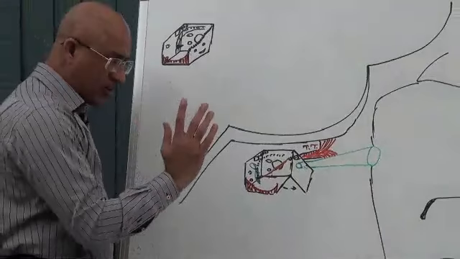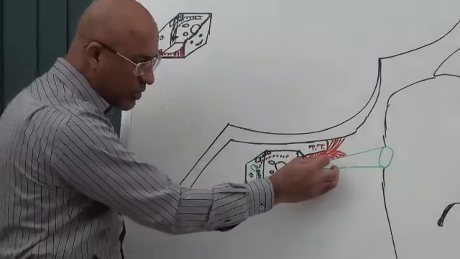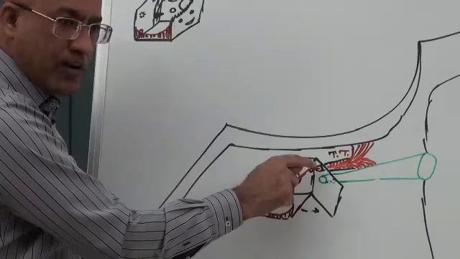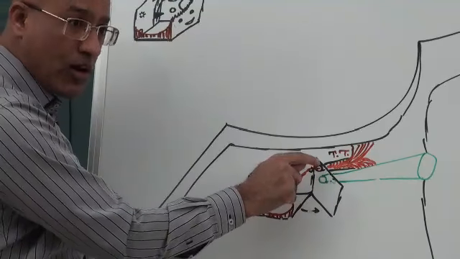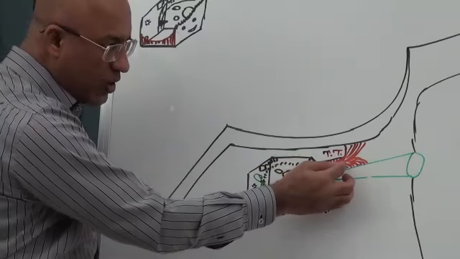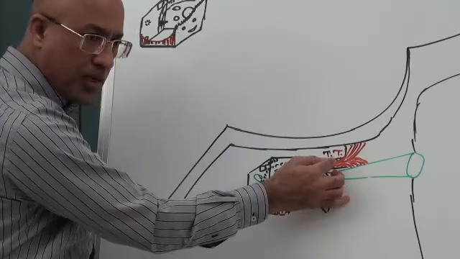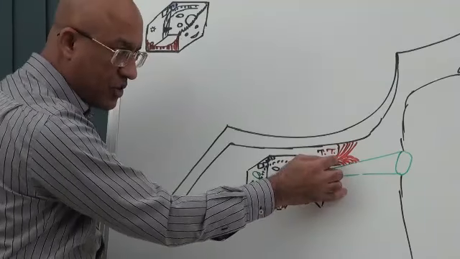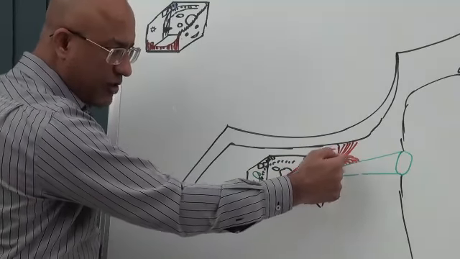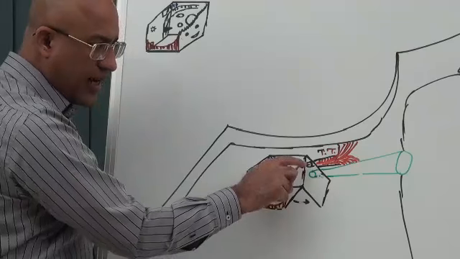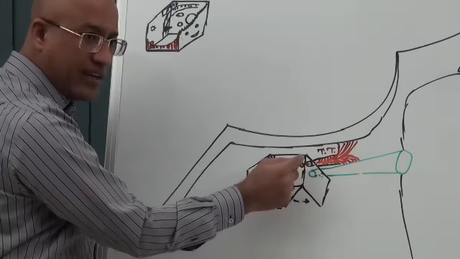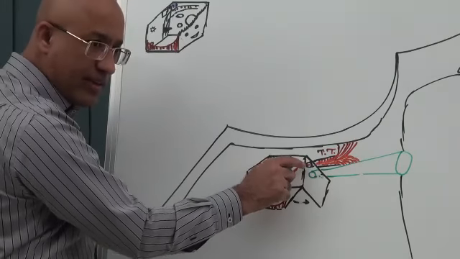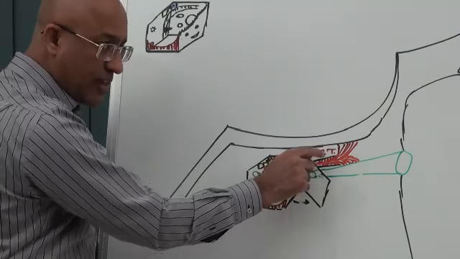So what is tensor tympani? It's a muscle which takes origin from the bony canal, which is opening in the upper part of the anterior wall of the middle ear, and not only does it originate within the bone, but it also originates from the under surface of the greater wing of sphenoid and from the Eustachian tube. And then if you follow this muscle more posteriorly, it converts into a slender tendon which emerges from this hole, right? And this is called the canal for tensor tympani.